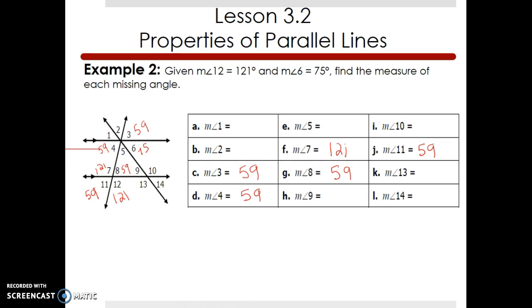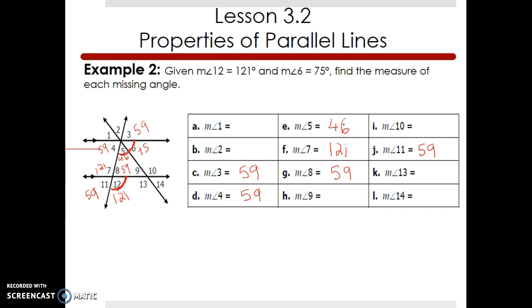What we know is this angle and this angle are going to be the same. So if that whole angle is 121, then 5 and 6 together will make 121. We will know from that angle 5 is 46 degrees because 46 plus 75 is going to be 121. So angle 5 is going to be 46 degrees.